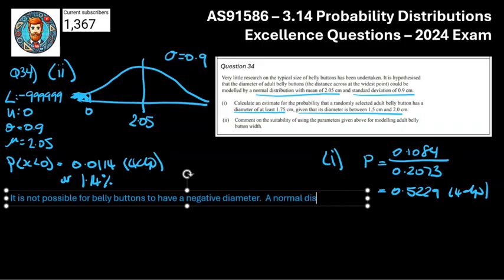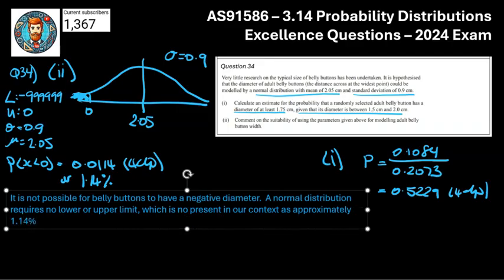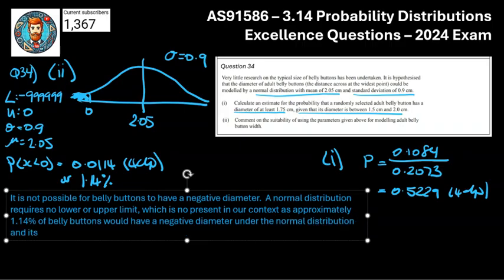A normal distribution requires no lower or upper limit, which is not present in our context, as approximately 1.14% of belly buttons would have a negative diameter under the normal distribution and its parameters. So I've stated my issues.